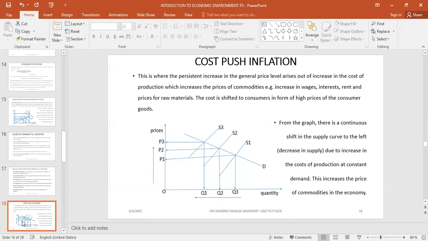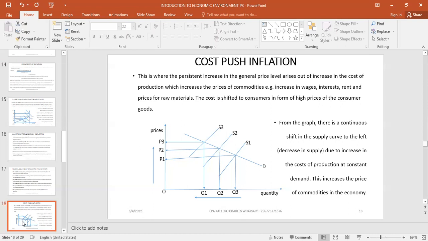But that came as a result of the increment in the costs of production. This is where the persistent increase in the general price level arises out of an increase in the cost of production.